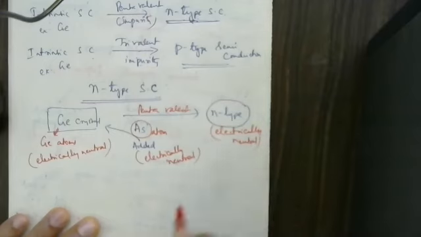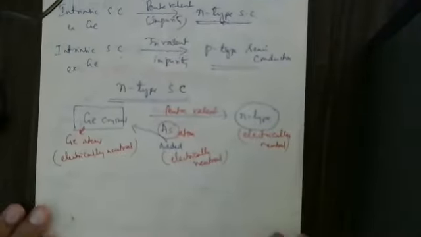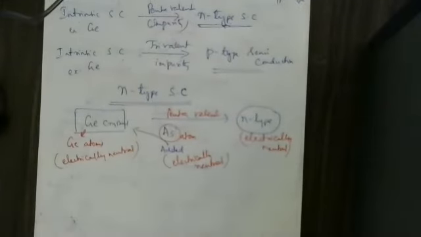So one more question, it has been framed already in your previous years of examination. Are N-type semiconductors electrically charged? Answer is no. The question is why they are not electrically charged?